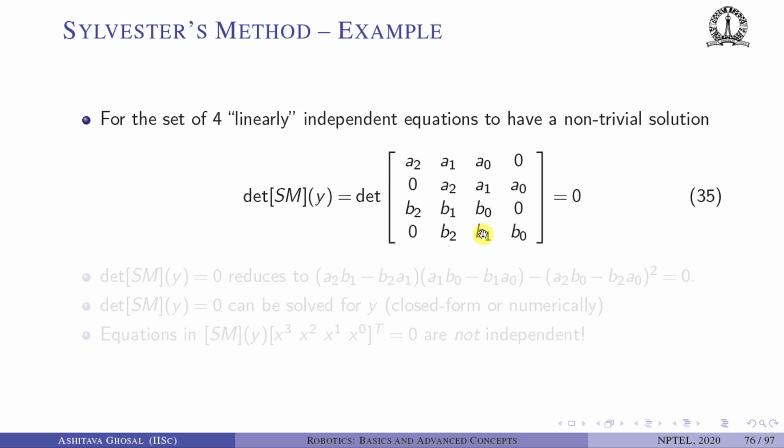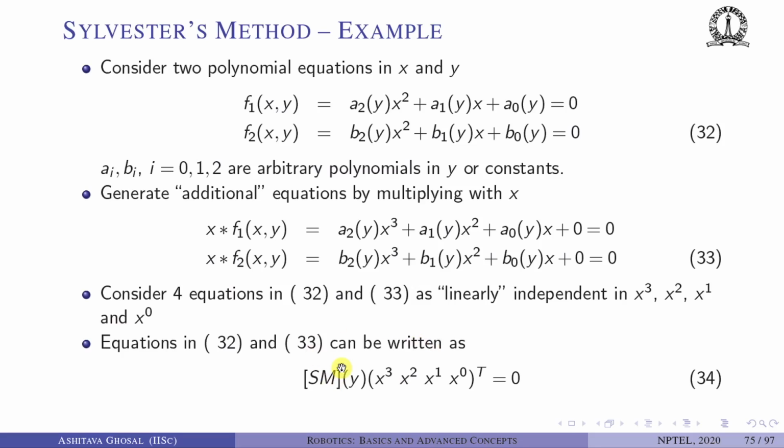So this equation is of the form Ax equals 0, a set of linear equations. This set of equations has a non-trivial solution when the determinant of this Sm is equal to 0.